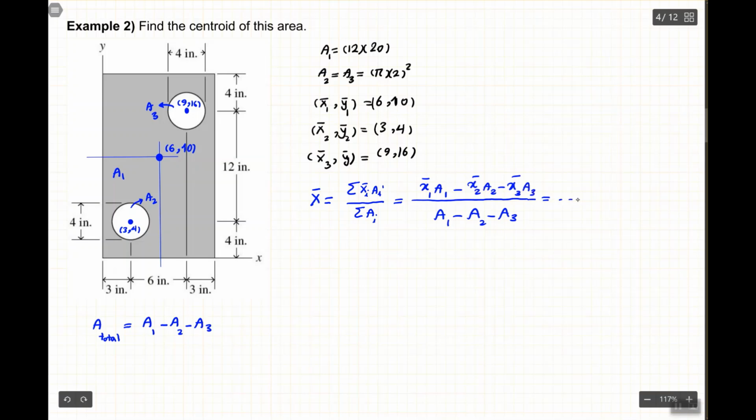We plug in these numbers and we can find x bar.